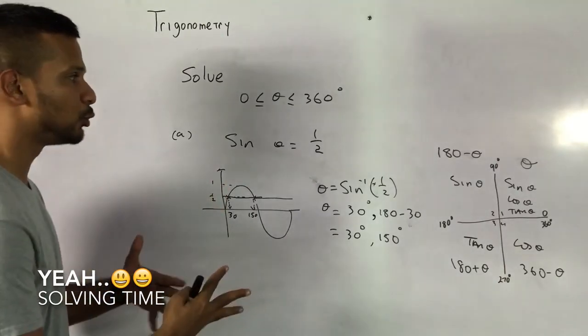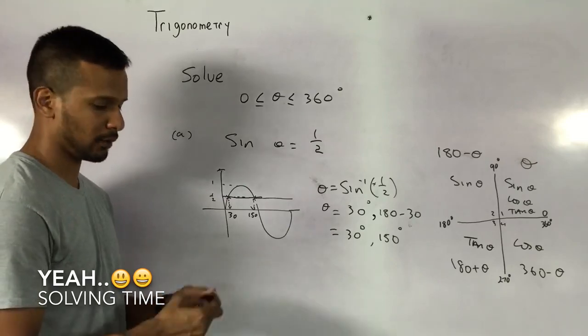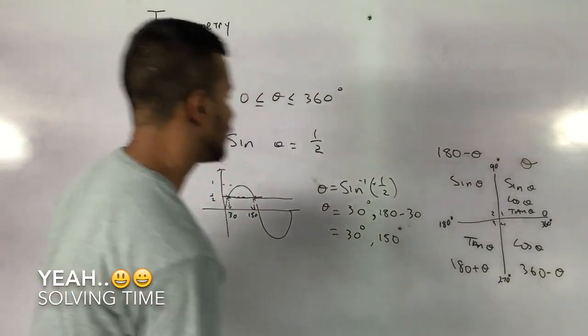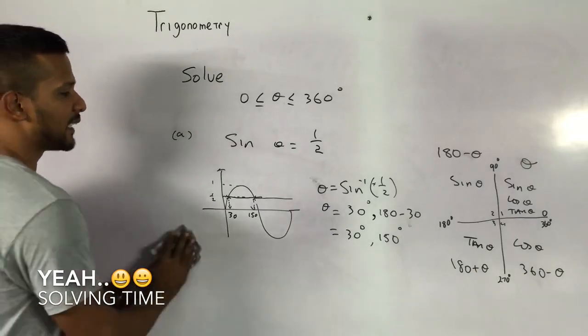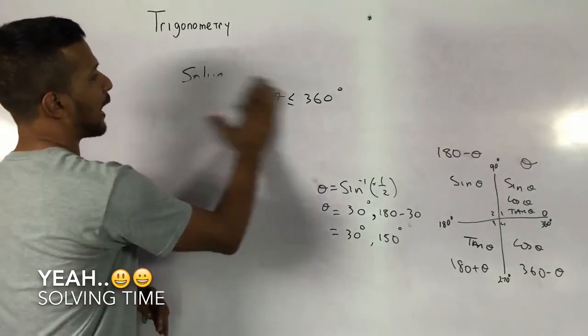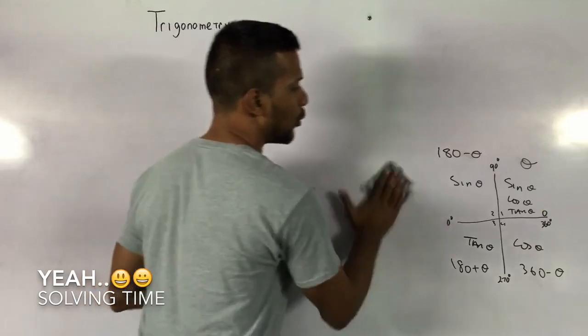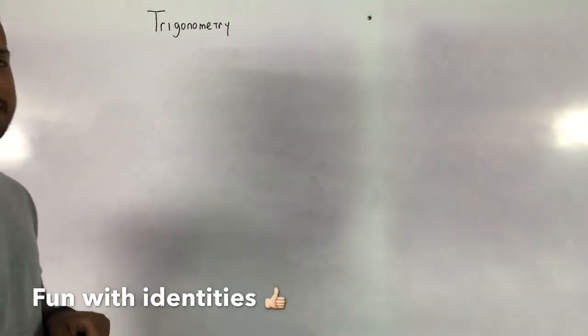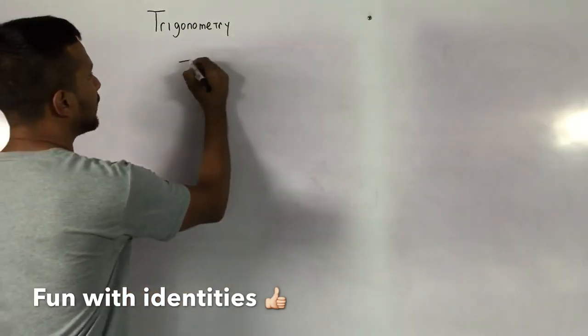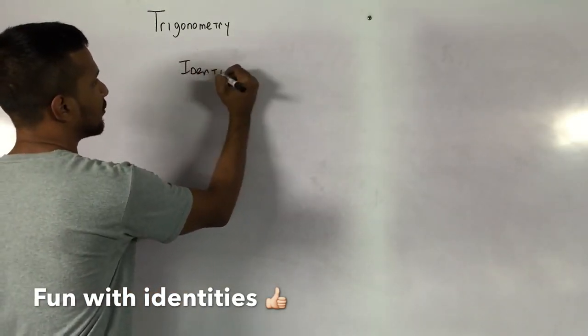In a later episode, I will do many more examples. Okay? So now that we have an idea how to solve, we need to take a look at identities. No one likes ideas. Right? So there are some identities that we must know.